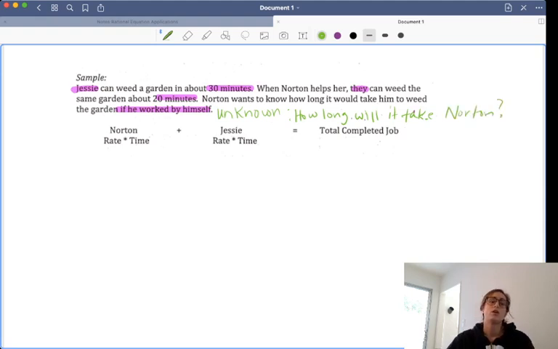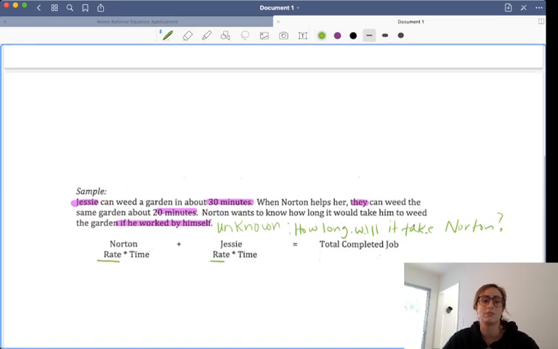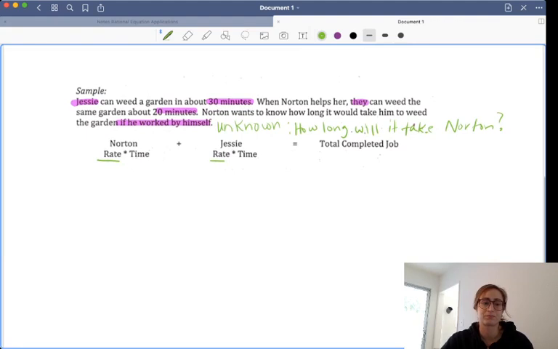Okay, so for the rate for this one, people want to put 30 minutes because minutes measures time, right? But rate is not, like for example, in the last problem, the way we were measuring rate is in miles per hour. This one, we're not talking about miles.